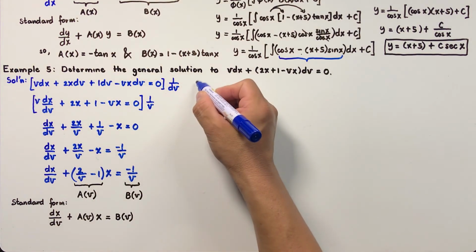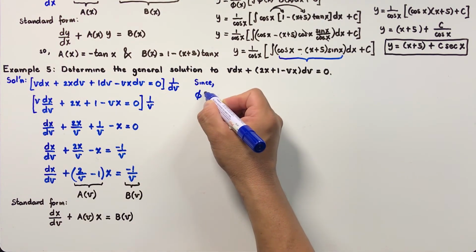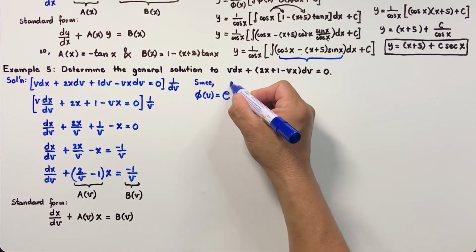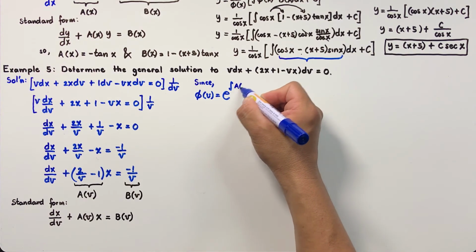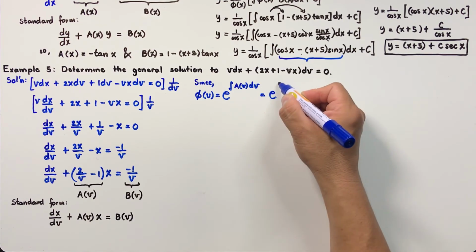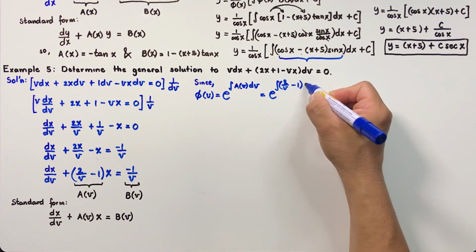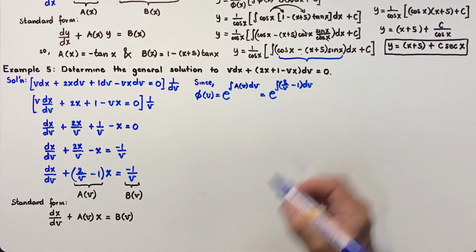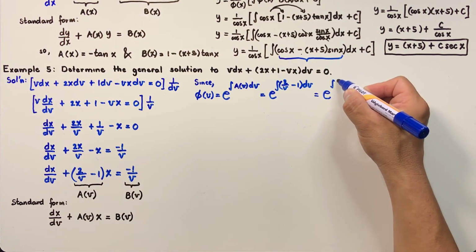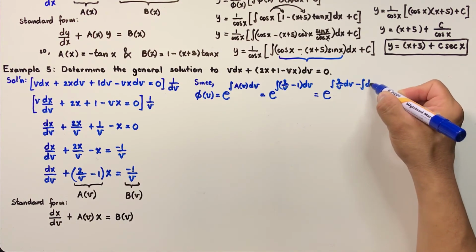Then therefore, we can find our integrating factor phi of v here, which is equal to e to the power of the integral of a of v dv here. And since our a of v is 2 over v minus 1 dv here, we have e to the power of the integral of 2 over v dv minus the integral of dv.